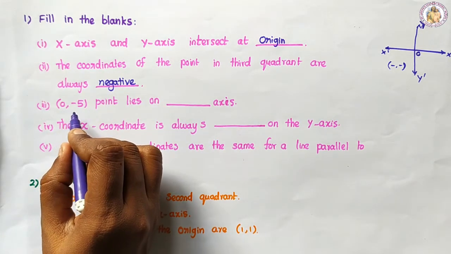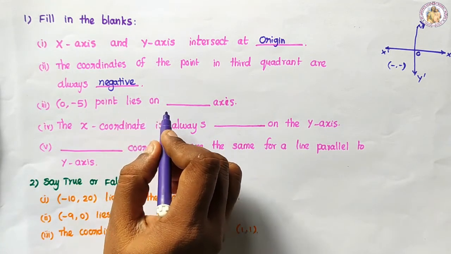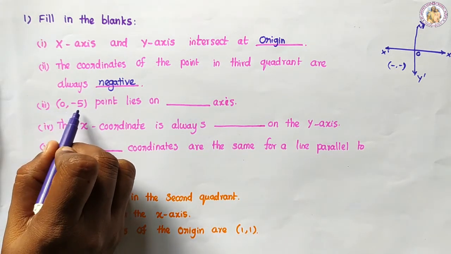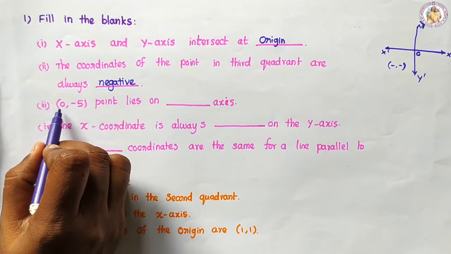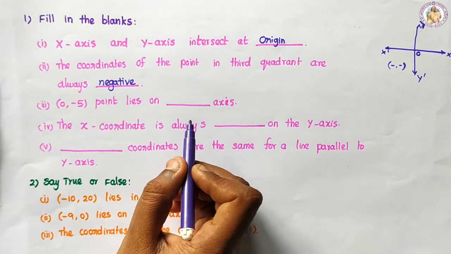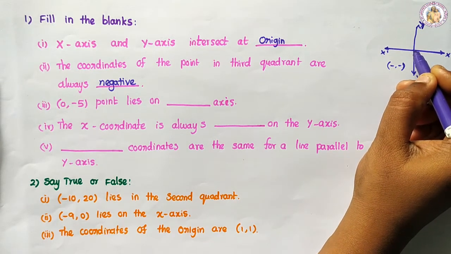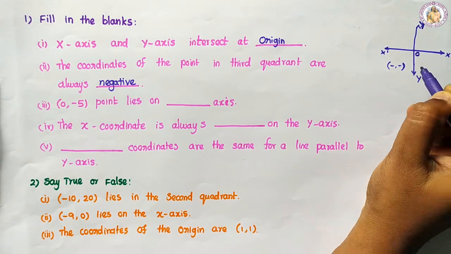So the x coordinate is always negative. The point (0, -5) lies on the dash axis. This is the x-axis, this is the y-axis. X is 0, so it lies on the y-axis. Listen, (0, -5) is here.